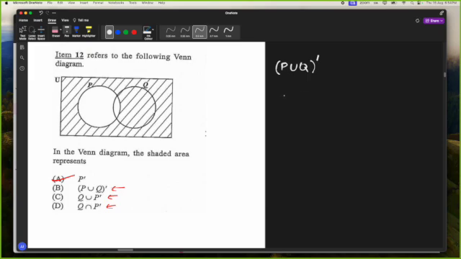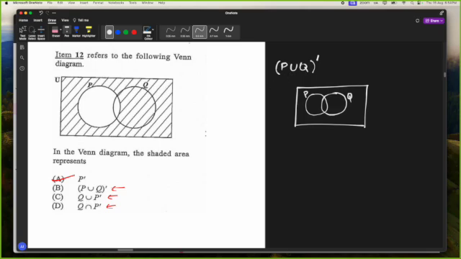So what will that look like on a Venn diagram if you had to draw it? I'll just draw the blank Venn diagram here, and this is P, and this is Q. And what do they say?